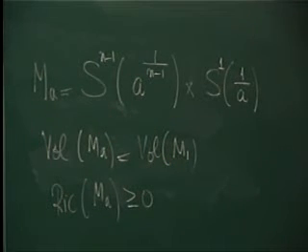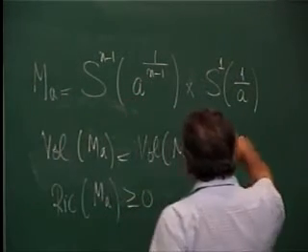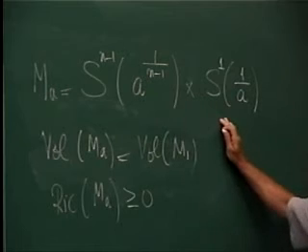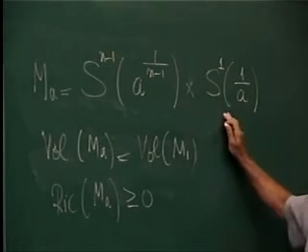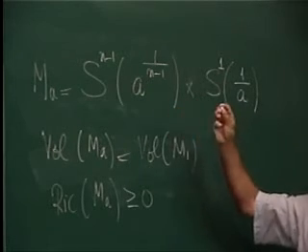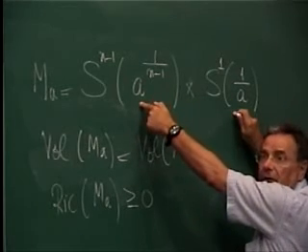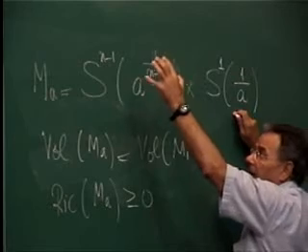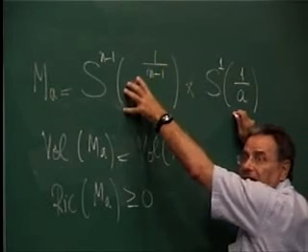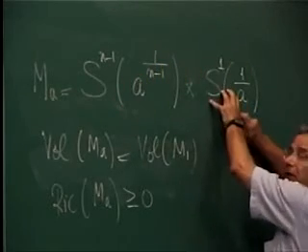Now, if you look at the eigenvalues, you see in a product, the eigenvalues of a product are just the sum of one eigenvalue here and one eigenvalue here. In particular, I can take the eigenvalue 0 here, so I have all the eigenvalues of S1.